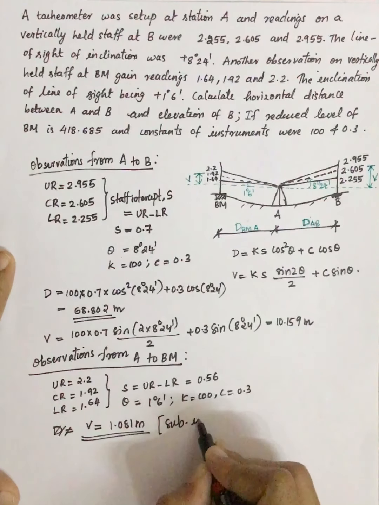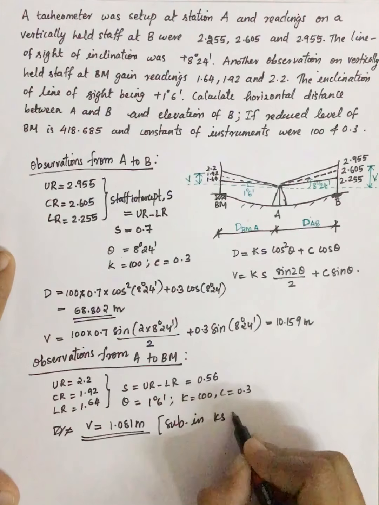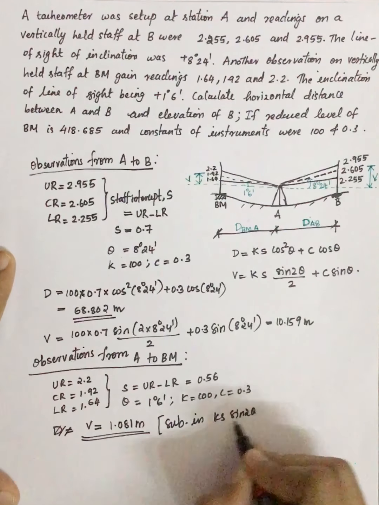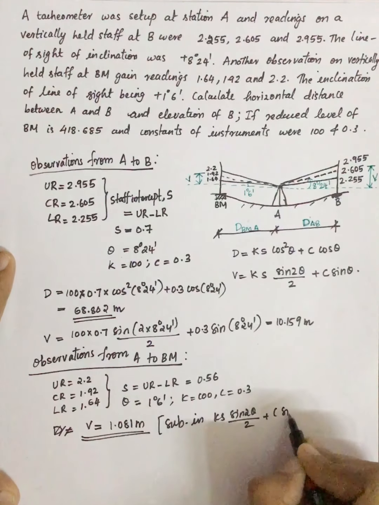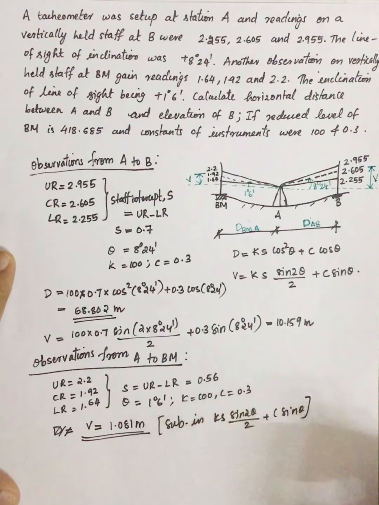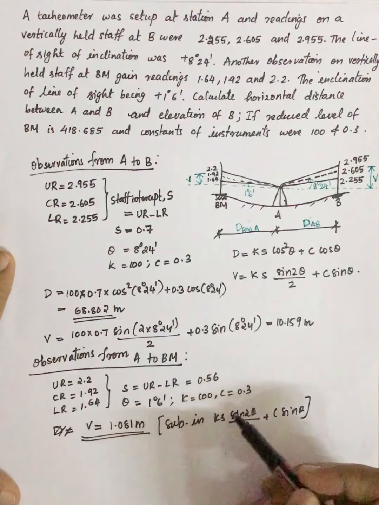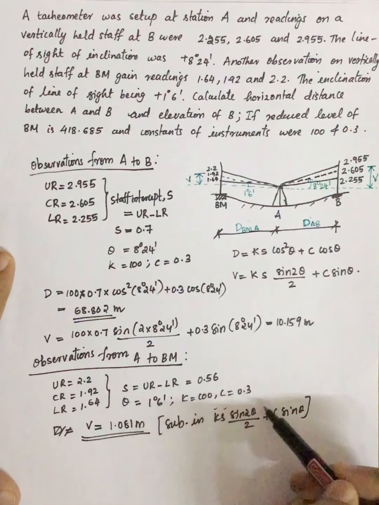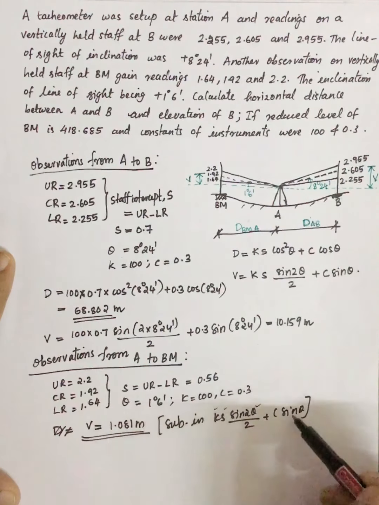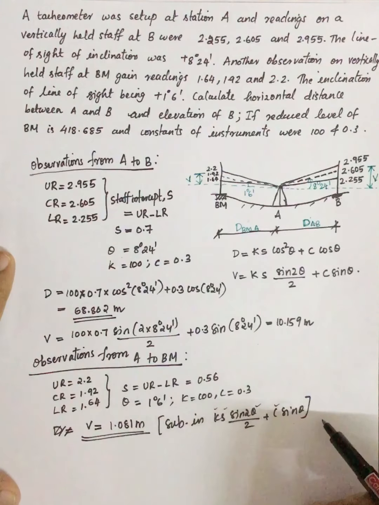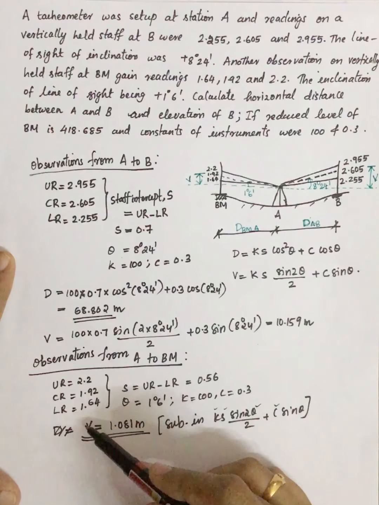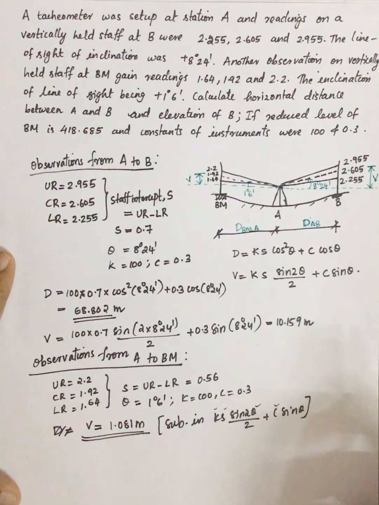Substitute in equation, Ks sin 2 theta by 2 plus C sin theta. Substitute all values. S you know, K you know, theta you know, C you know. So substitute all the values in this equation and get the value of V as 1.081 meters. Okay.